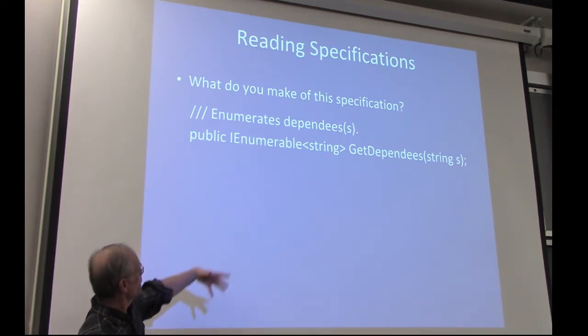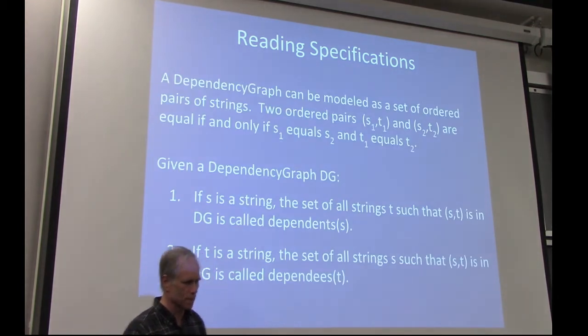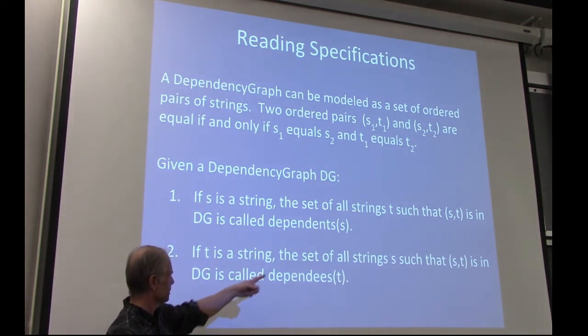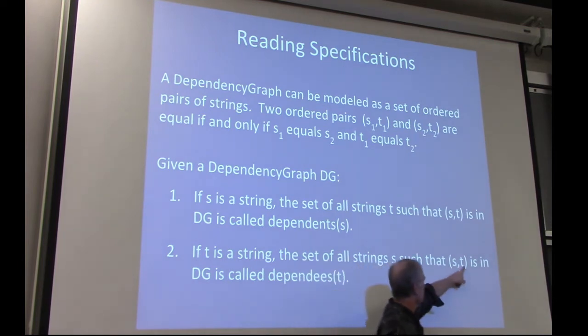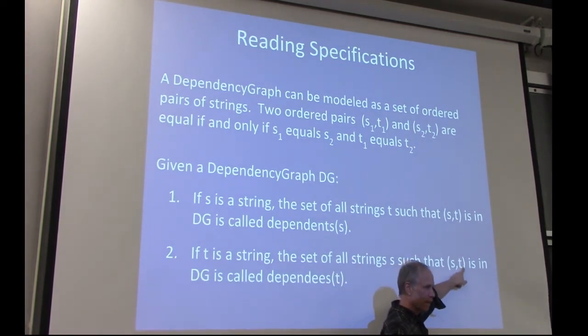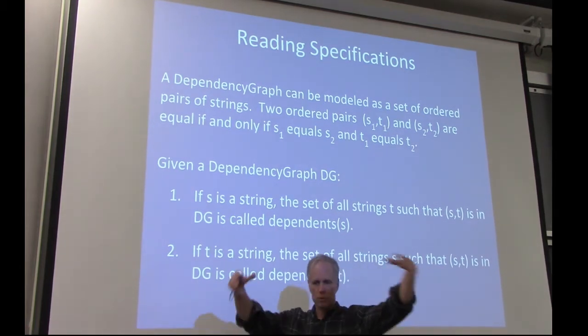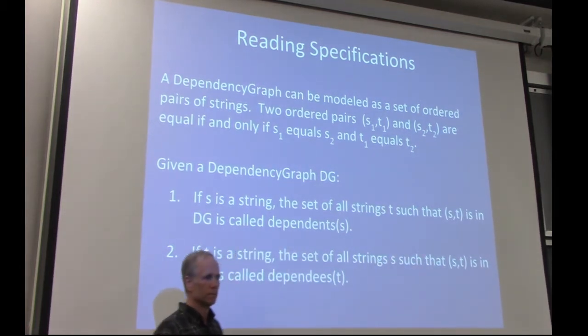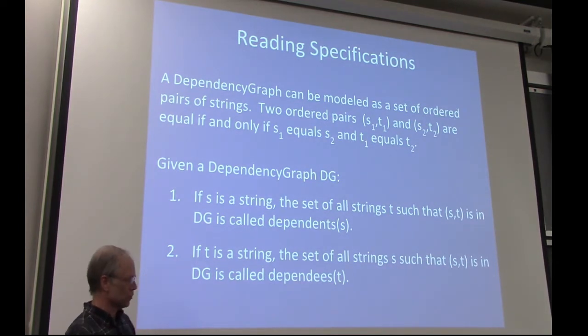Okay. So it returns dependees of S, and we go back and look at what dependees of S is. It's the set of all strings S such that ST is in the graph. So it's going to look for all ordered pairs that end in T. The second thing is a T. It's going to take the first element of all those pairs, get the set, and return that. Okay, so always think in terms of operations on ordered pairs.